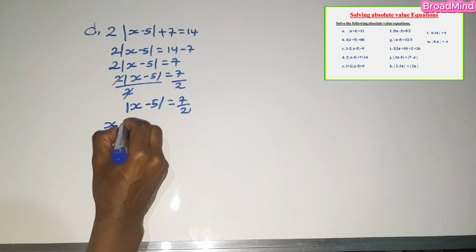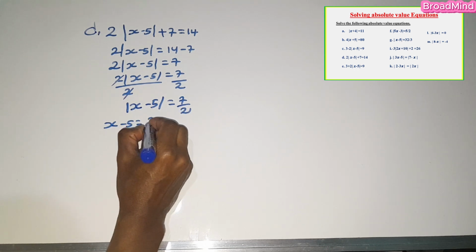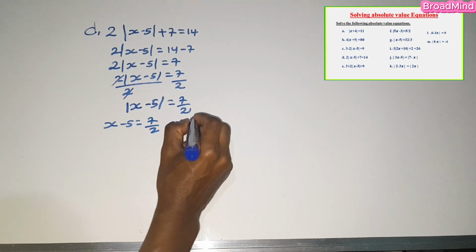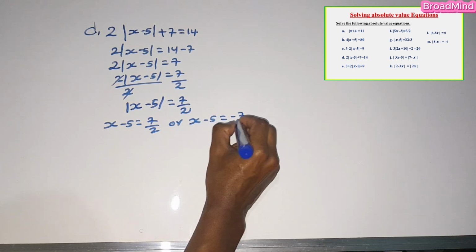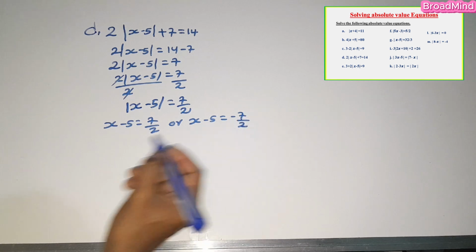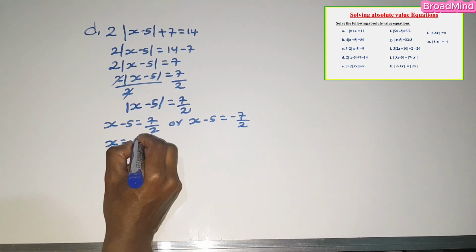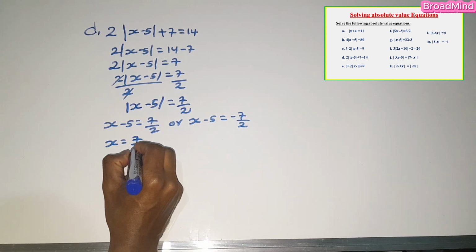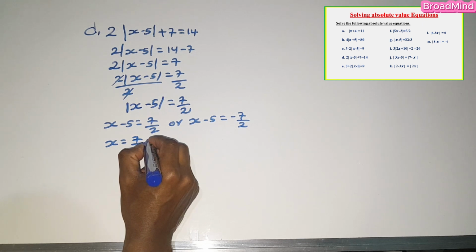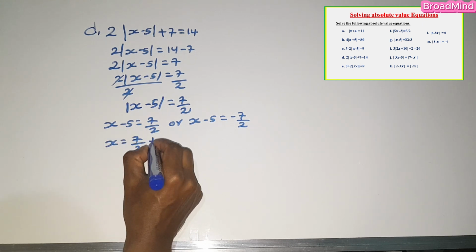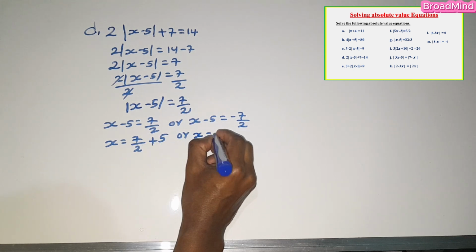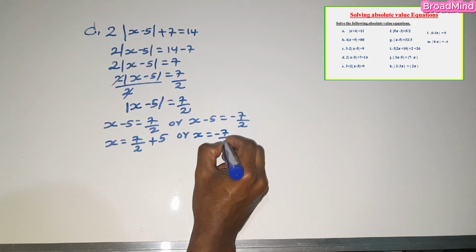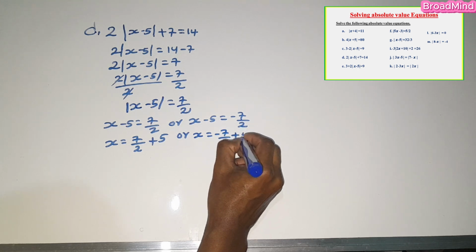Now x minus 5 is equal to 7 over 2, or x minus 5 is equal to negative 7 over 2. x is equal to 7 over 2, it is minus, so plus 5, or x is equal to negative 7 over 2 plus 5.